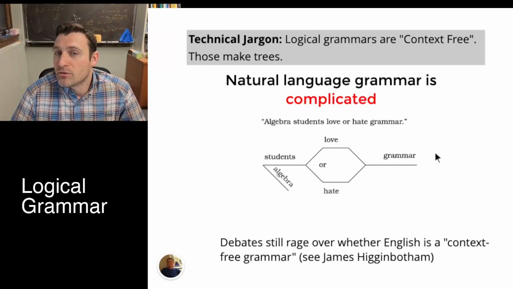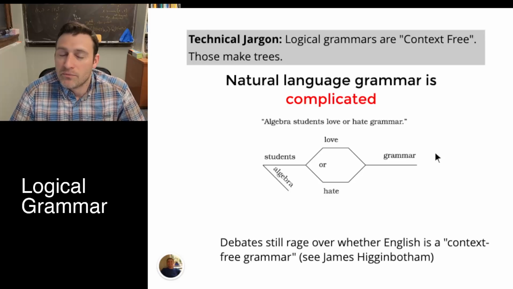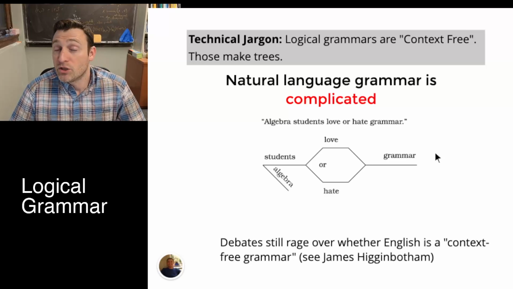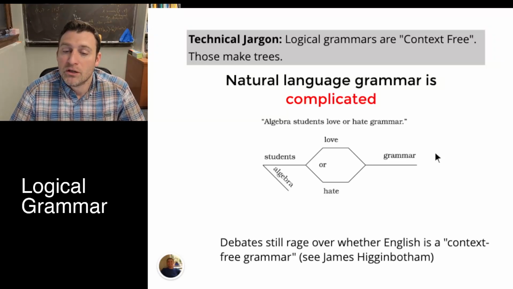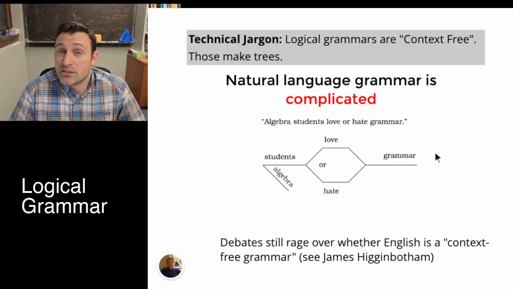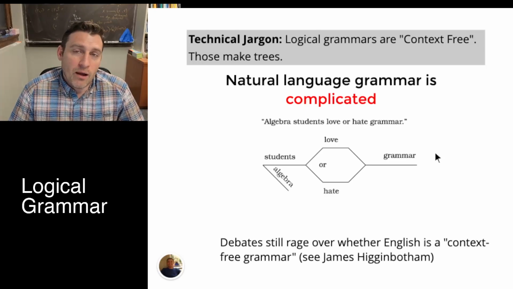To explain that to ourselves, we end up splitting our data of love and hate along a loop. It sort of doesn't describe everything as a tree in the way that we might naturally do. Now, this can be fixed, but it points out that the way we think of grammar is much more complicated and nuanced when we use human language, natural language. And whether natural languages, even like English, are context-free is a huge debate that people go back and forth on. You can see the work of James Higginbotham to analyze the different arguments. I won't get into that fray.